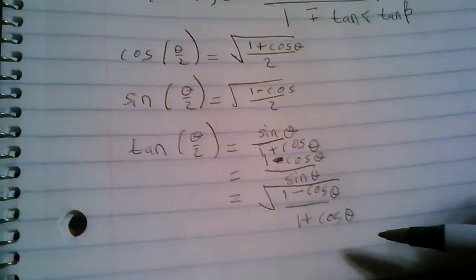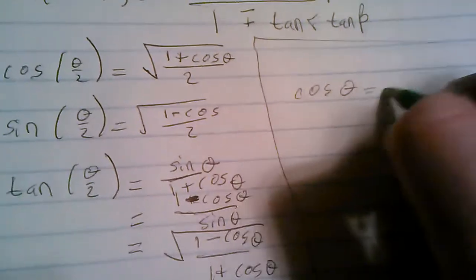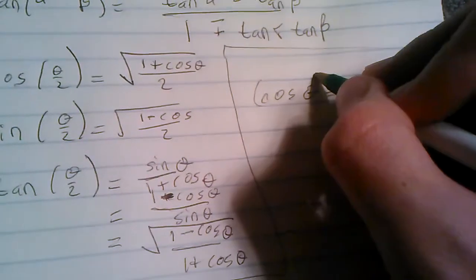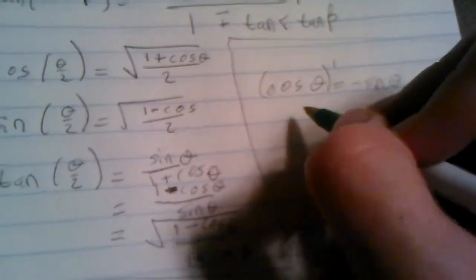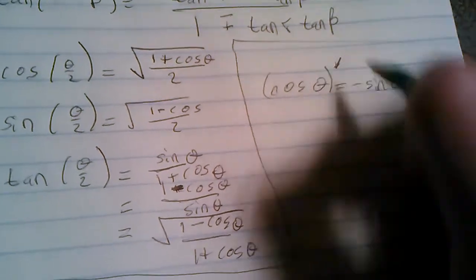So that's pretty much all I have for the trig review. I guess it'd be good to write down derivatives. I'm not going to do cosecant and secant, just the basic ones. So derivative of cosine of theta equals negative sine of theta. I'll just do a tick here. That's a tick mark for derivative.